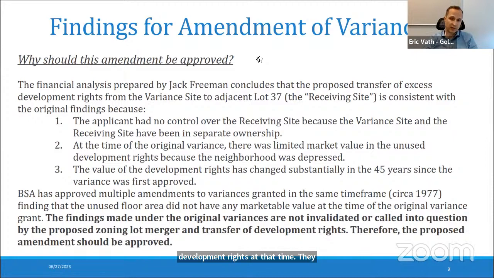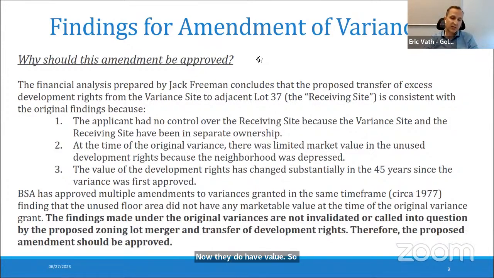It probably took a decade before there even was an opportunity to sell development rights. And so over the 45 years now, we're under the third prong. The value of the development rights has changed substantially. Whereas there weren't development rights that were valued at the time, now they do have value.